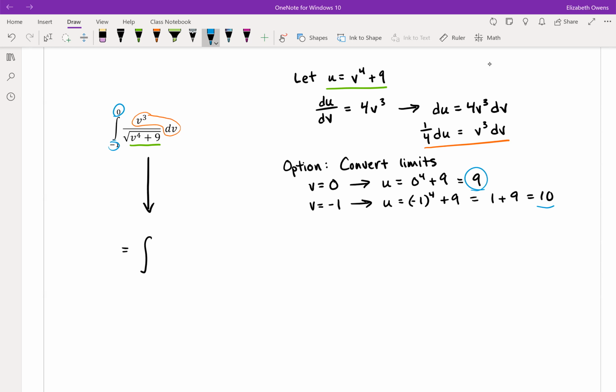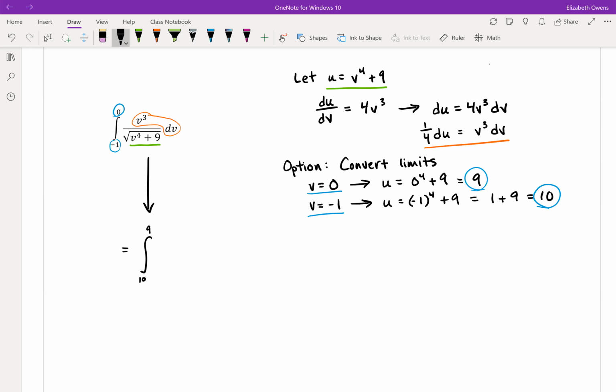Okay, so 10 is going to be our lower limit of integration, and 9 is going to be our upper, because they should go exactly where the corresponding values of v went. So -1 gets replaced with 10, 0 gets replaced with 9. Don't mix those up.